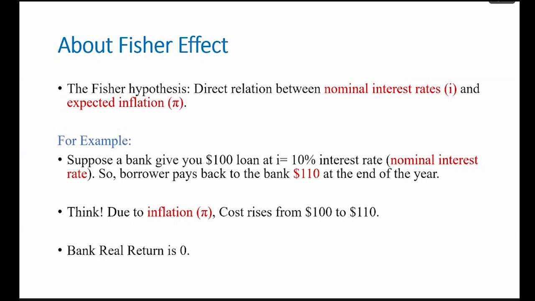That is the nominal interest rate. So the borrower pays back $110 to the bank at the end of the year. Suppose inflation raises the cost of goods from $100 to $110. Then the bank's return will be zero, right? So the bank has no return. And then what will happen? The bank faces a fall in income.